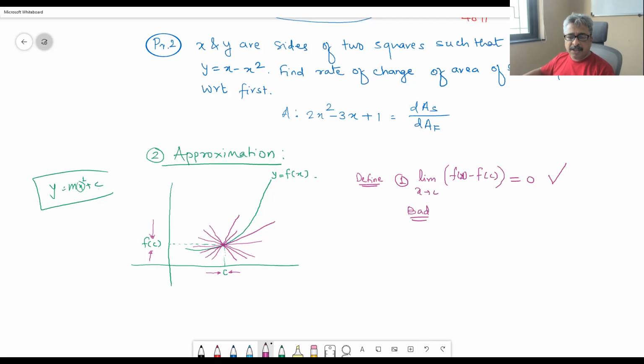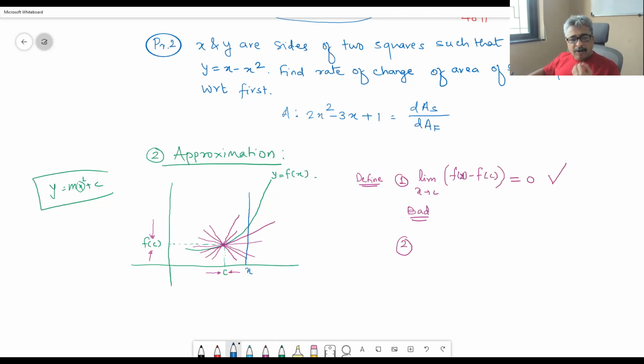Then we should make another attempt of defining what do we mean by approximation, and therefore what we can think of is, suppose we are near to C and we are here. Let us say this is our x.